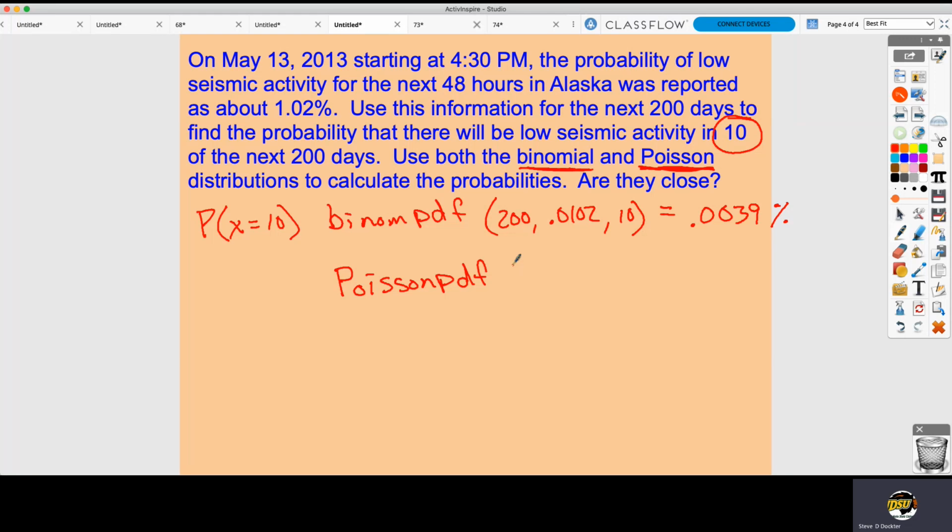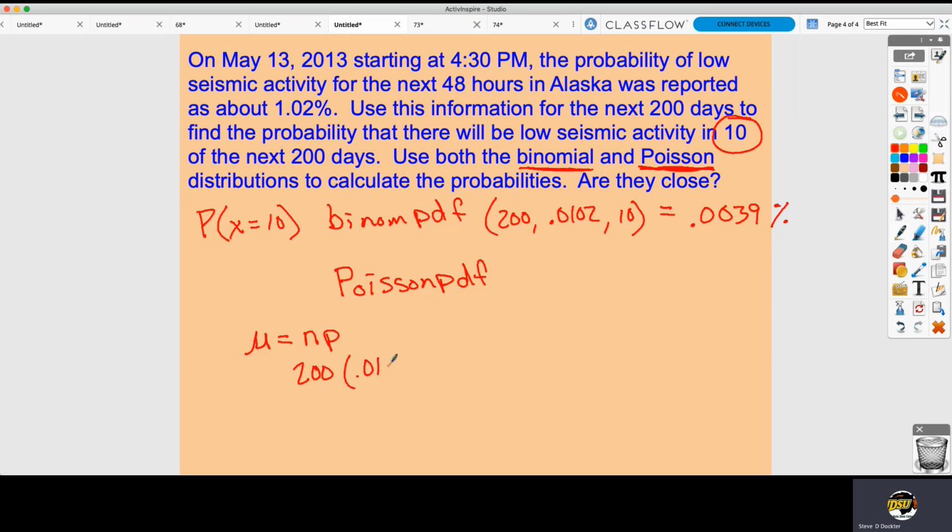No, we don't. So we're going to have to find that expected value first. To find our expected value for this, remember the expected value is our mu. Okay, that is when we're taking our n times p. Our n stands for the total number in our situation. So that would be 200 times that probability.